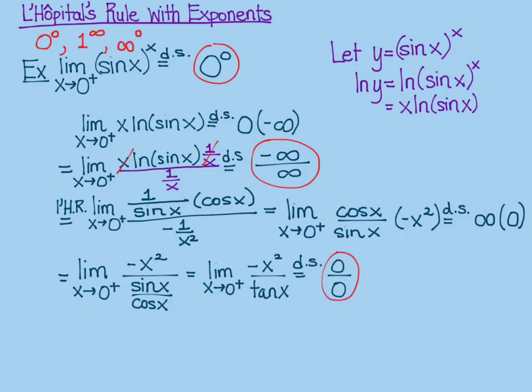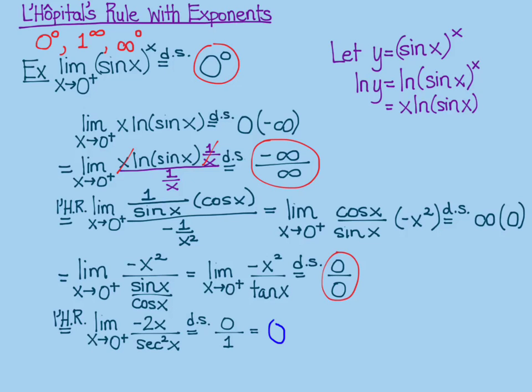Direct substitution gives me 0 over 0, which is an indeterminate form, so I'm allowed to use L'Hopital's rule again. I have the limit as x goes to 0 from above of negative 2x over secant squared x, which direct substitution gives me 0 over 1. This is not an indeterminate form, this is equal to 0, not 1. So this limit equals 0.